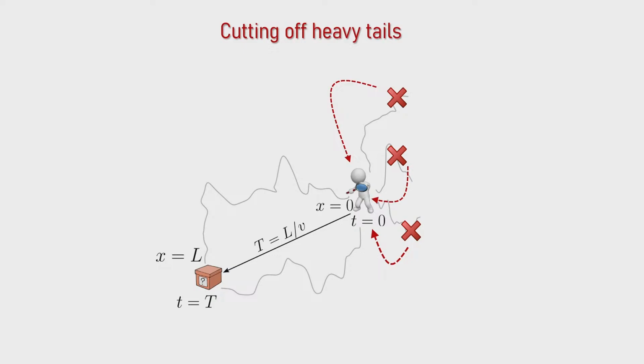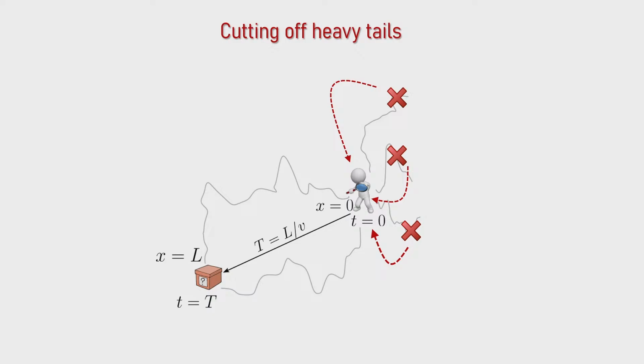So the physical reason for such improvement is like this. These are the underlying search processes. However, the heavy tails were coming from the trajectories which are going in the completely opposite direction to the target. Now by imposing this return dynamics shown by this red dashed line, we do not allow the searcher to explore regimes which are not beneficial for the search.